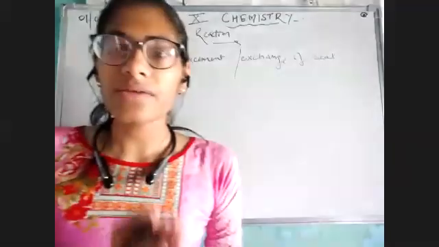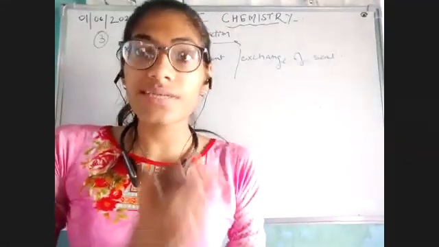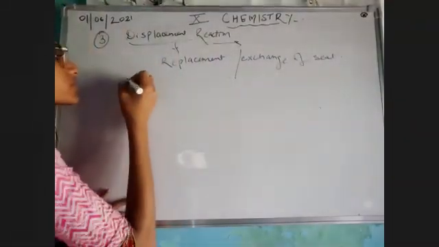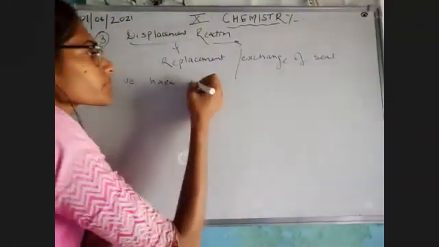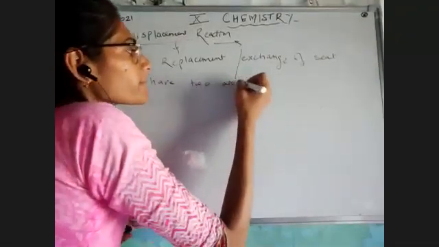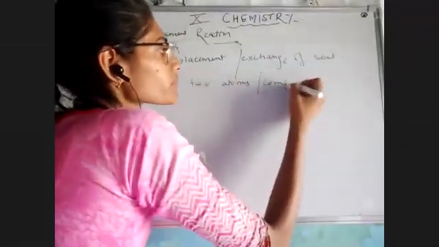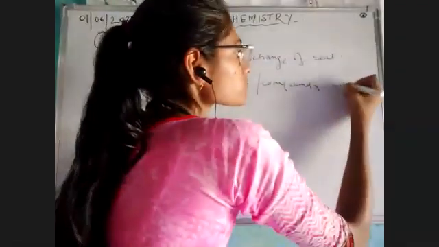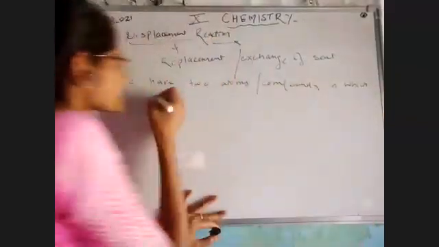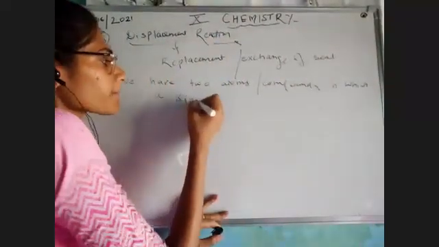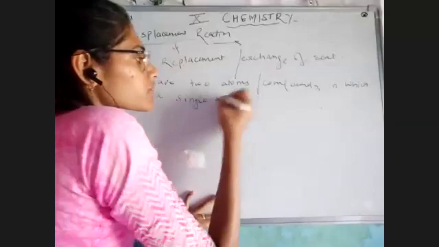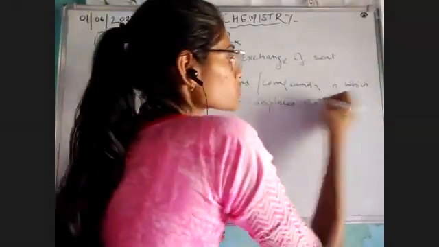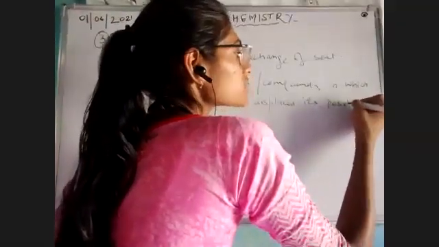So displacement or replacement or exchange of seat conveys that suppose we have two atoms or compounds in which a single atom displaces its seat. Instead of seat, I would like to say position.